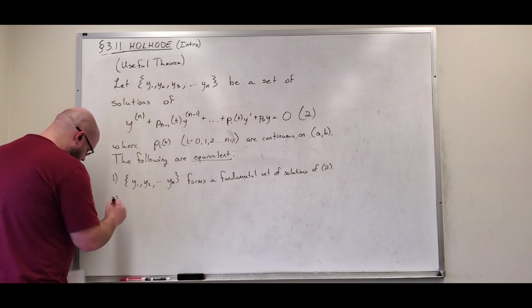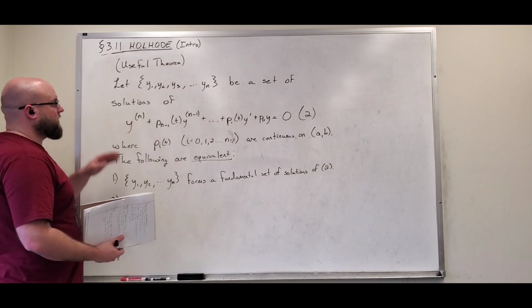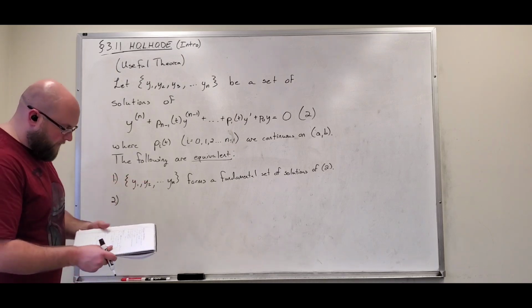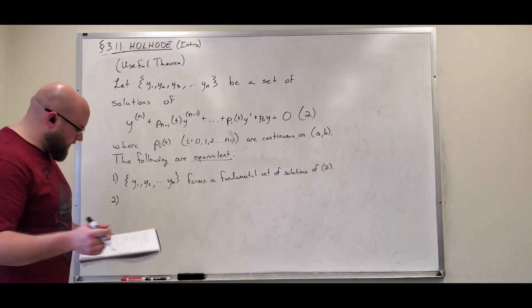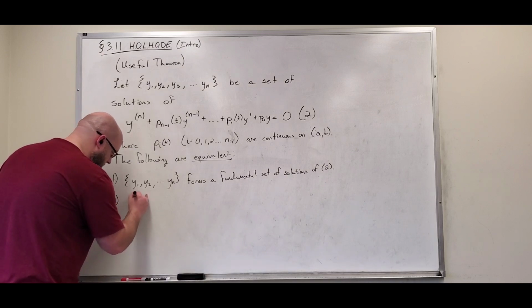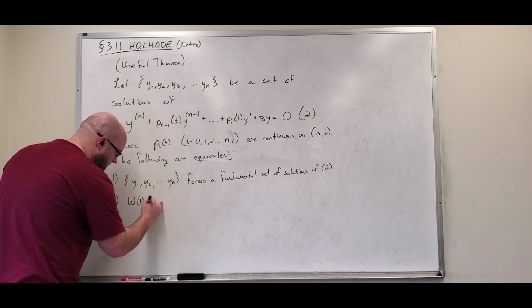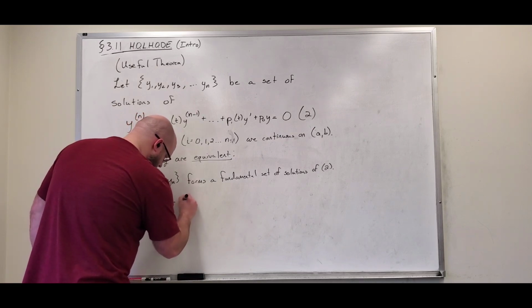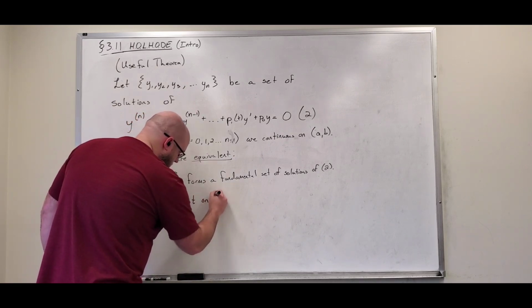Number 2, if these are solutions and they form a fundamental set, what does that mean about the Wronskian? Well, that means the Wronskian, W of t, is not equal to 0 for all t on (a, b).